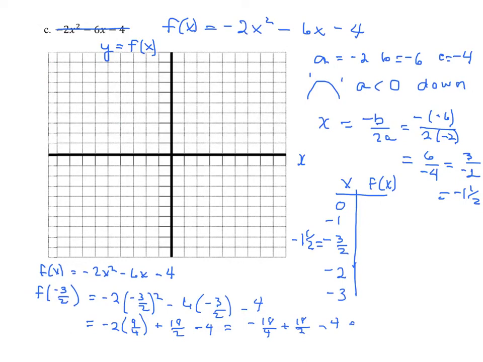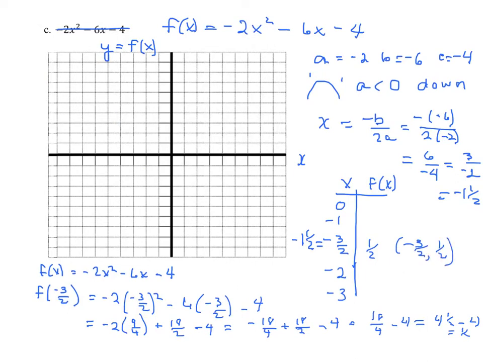So let's continue. When I add those up, I'm going to get 18 over 4, take away 4. 18 over 4 is 4 and 1/2. Take away 4, so I'll get 1/2. So the vertex is negative 3/2, comma 1/2. Good?